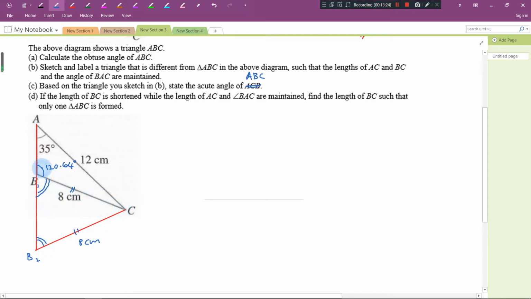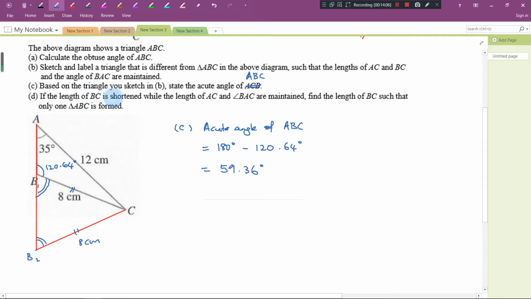So if you want to get the acute angle of ABC, it will be very easy. What we need to do is just take 180 degrees minus 120.64 degrees, which is 59.36 degrees. Correct.